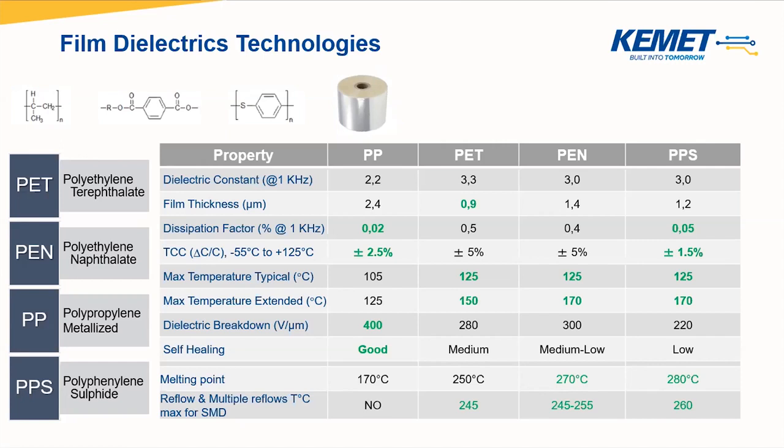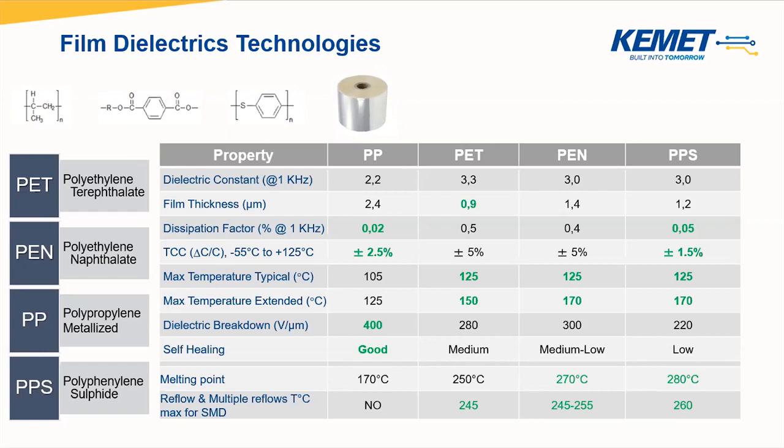For instance, considering self-healing, the PET has medium performance, but even lower compared to polypropylene. The PEN medium low and the PPS low.